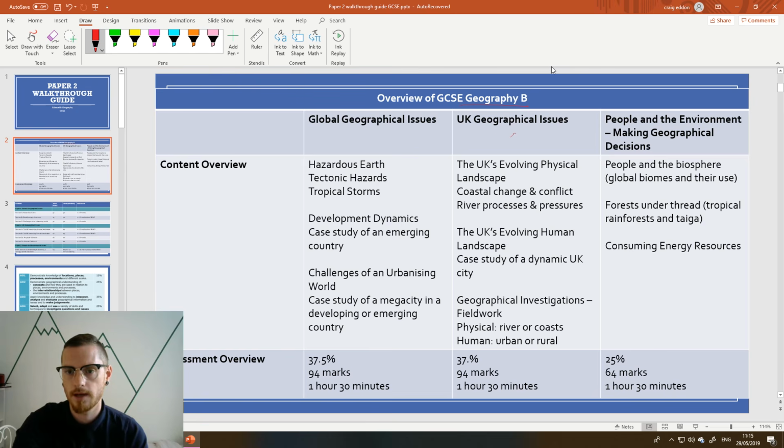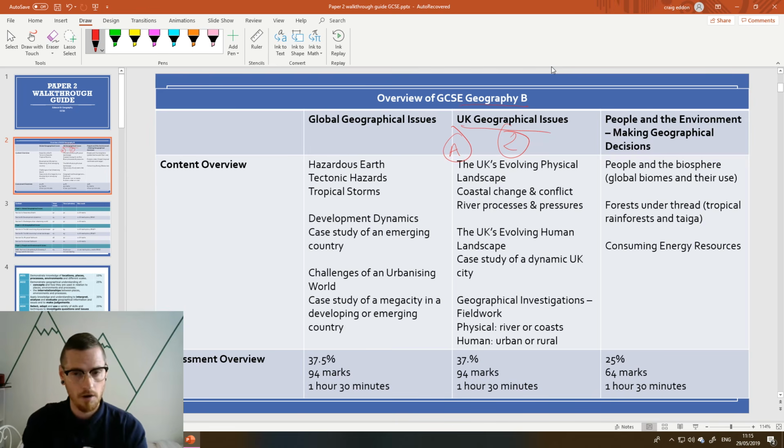So this is paper 2 here, and we're looking at the UK geographical issues. 3 sections. Section A is on the UK's evolving physical landscape. That's basically a bit of geology and a little bit of glaciation and a bit of relief, upland, lowland areas of the UK.